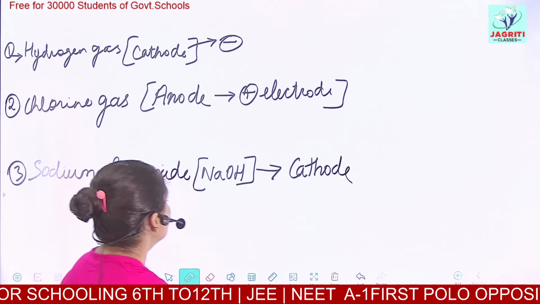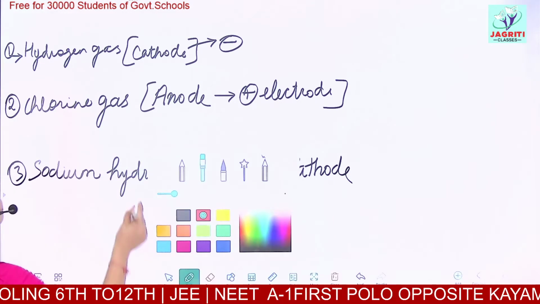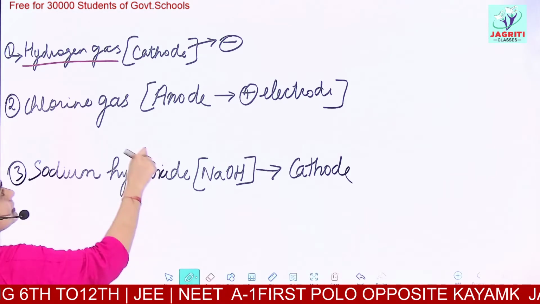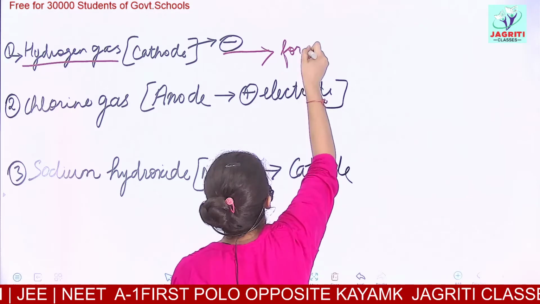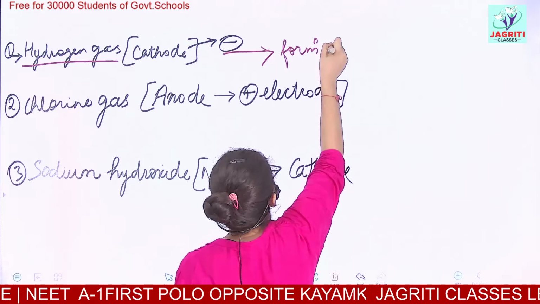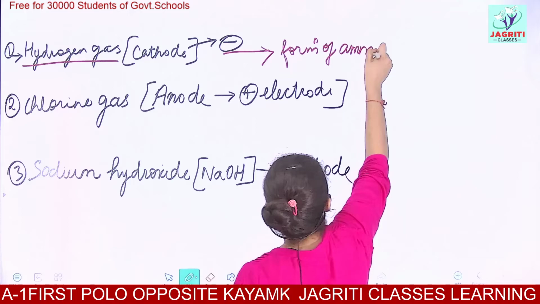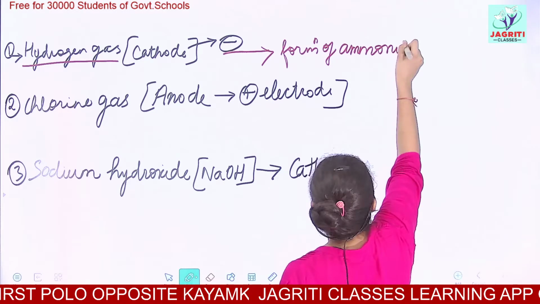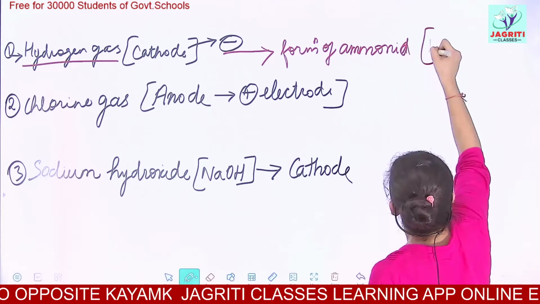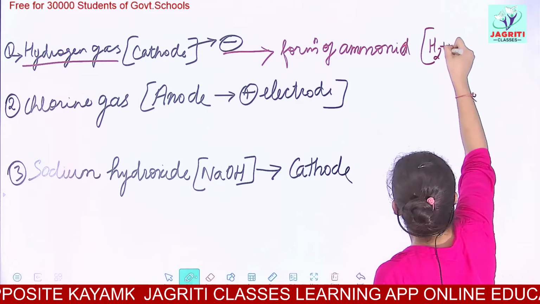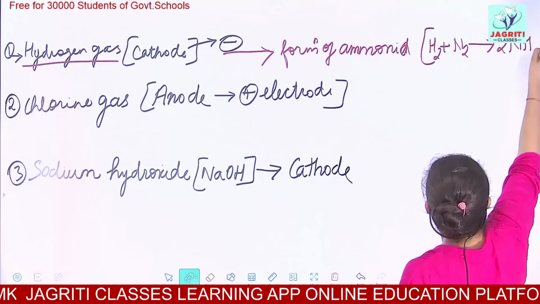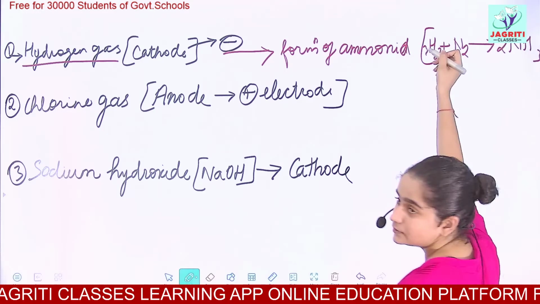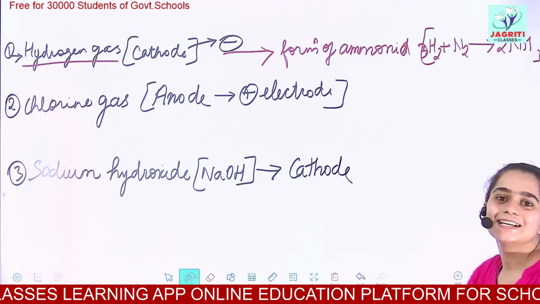Now we are dealing with some importance of these. Hydrogen gas. So this H2 is used in the formation of ammonia. There is a reaction, that is when hydrogen reacts with nitrogen, it forms ammonia. And for balancing it, we put a coefficient that is 3.